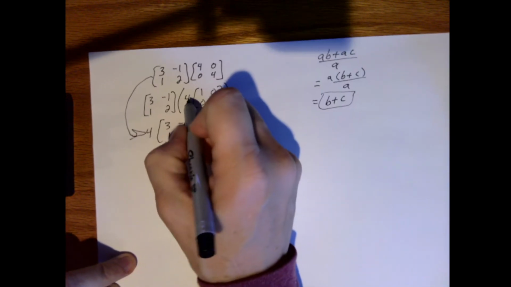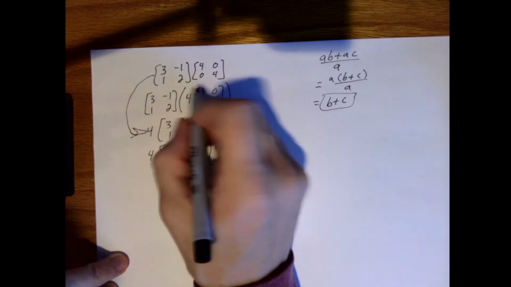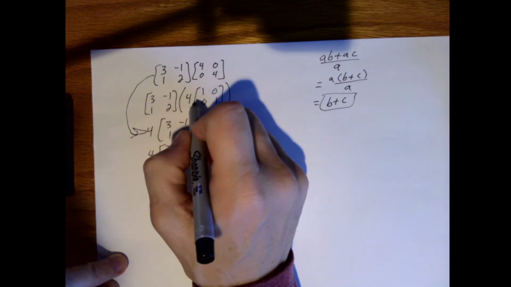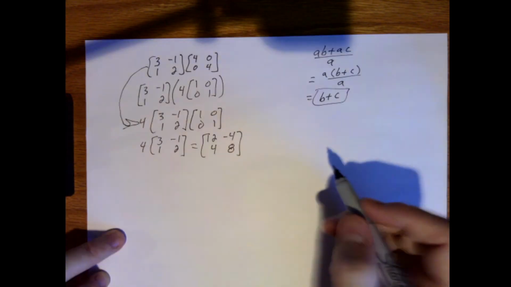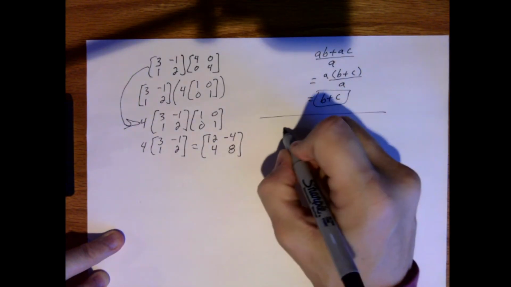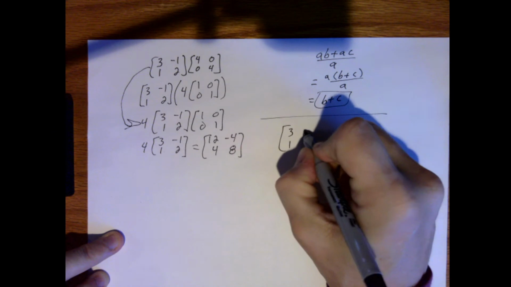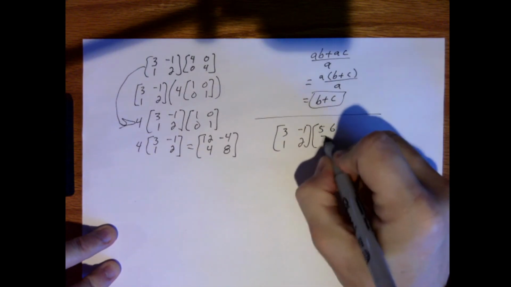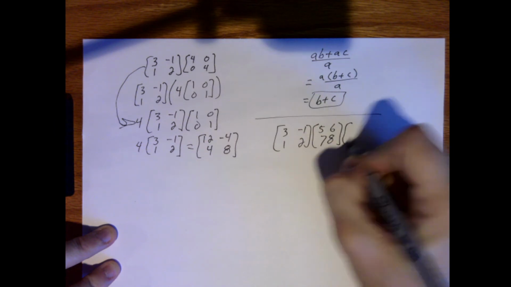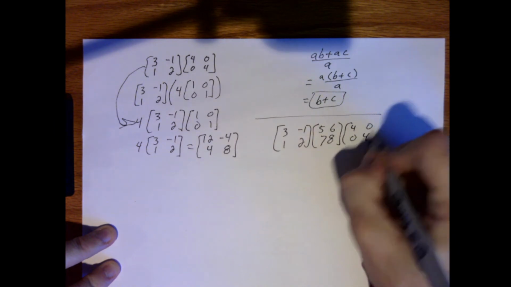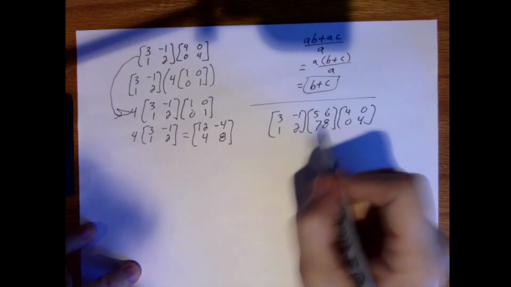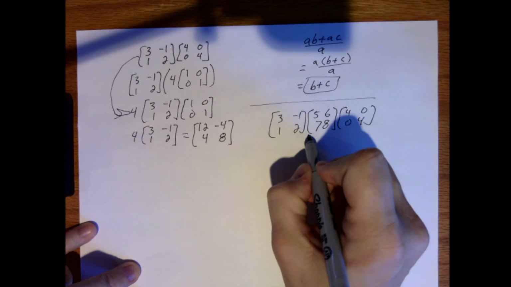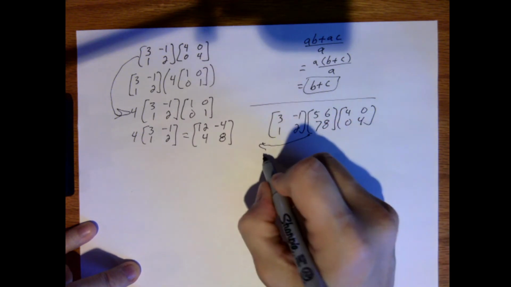But remember, scalars can be pulled out. So we're not worrying about commutativity when we're dealing with scalars. If I'd had something like this, and say we had something in here, this isn't really a good example to show why I might even be thinking this, but if I looked at this and thought, wow, for some reason it'd be easier if I pulled this to the front, well, I can't do this.